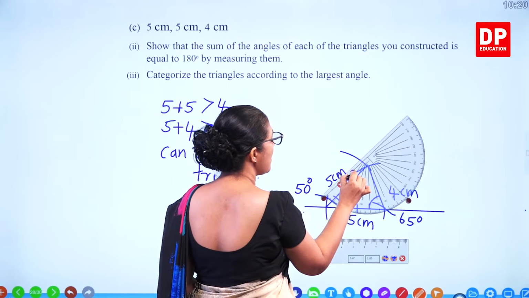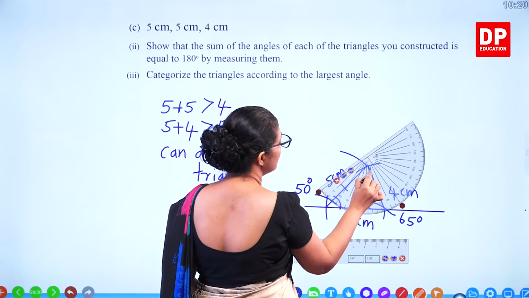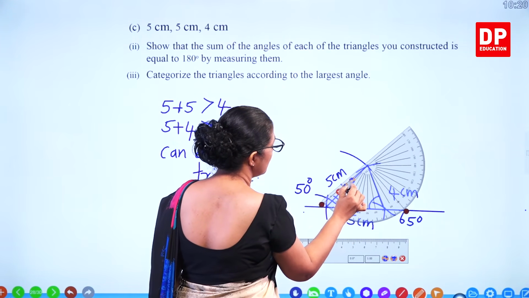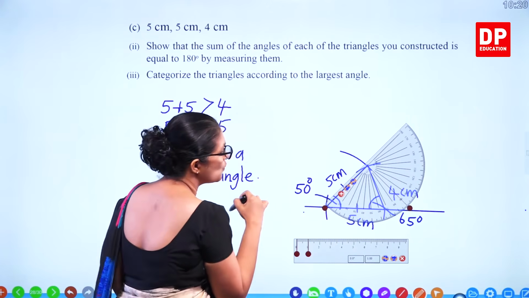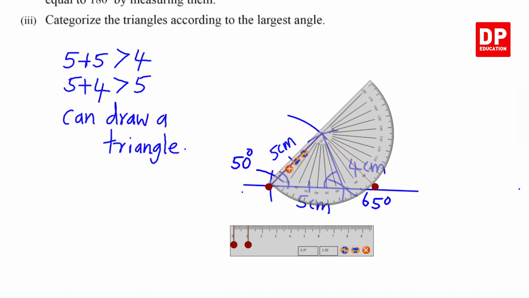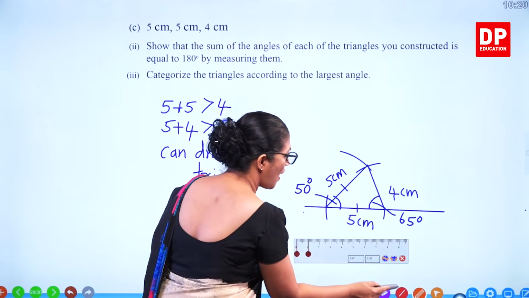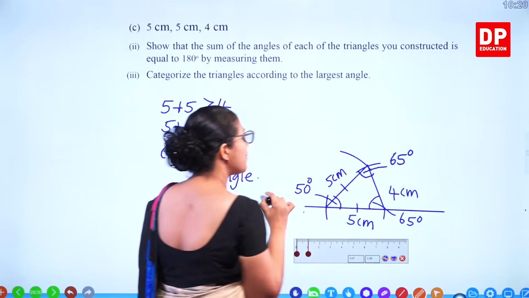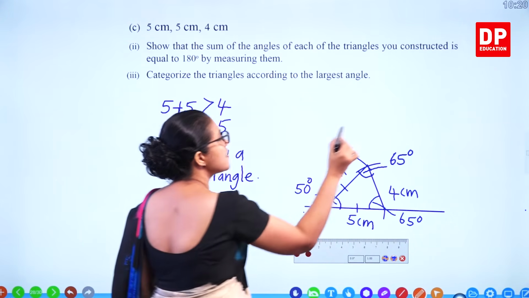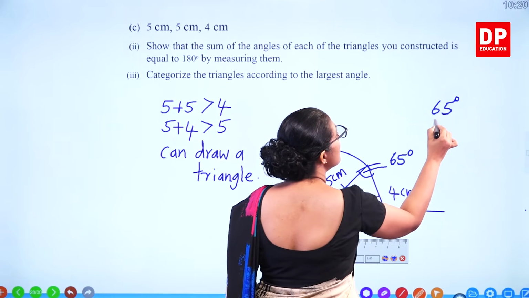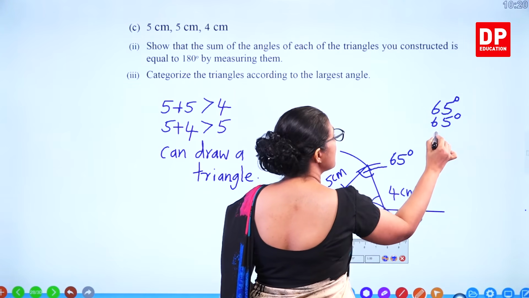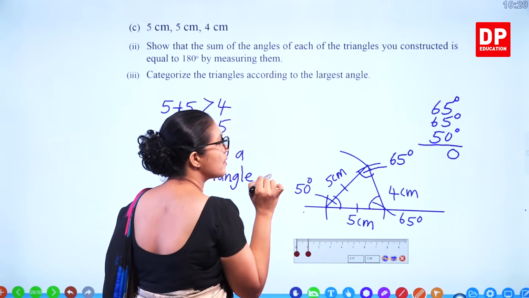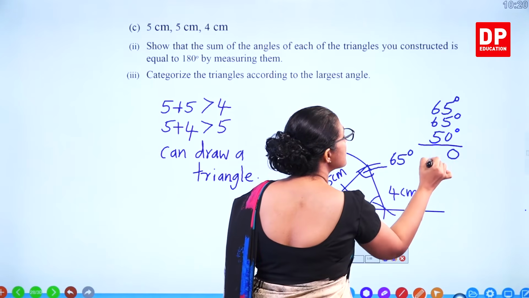We'll measure and see the other angle. I get 65. So 65 for this angle as well. Now we'll check it. 65, 65 and 50. 10, and then you get 6 and 6, that's 80.